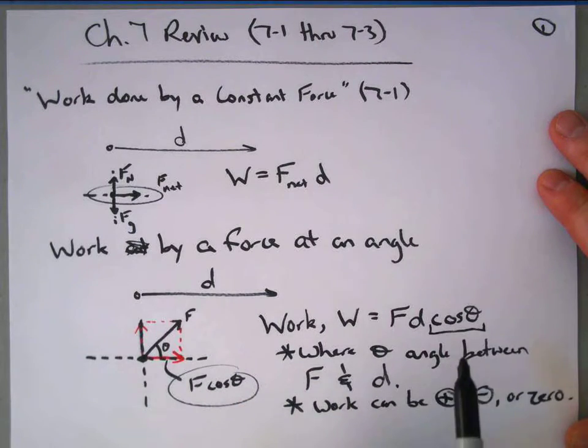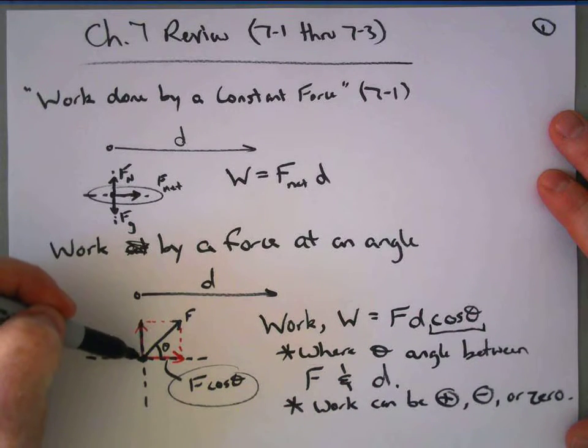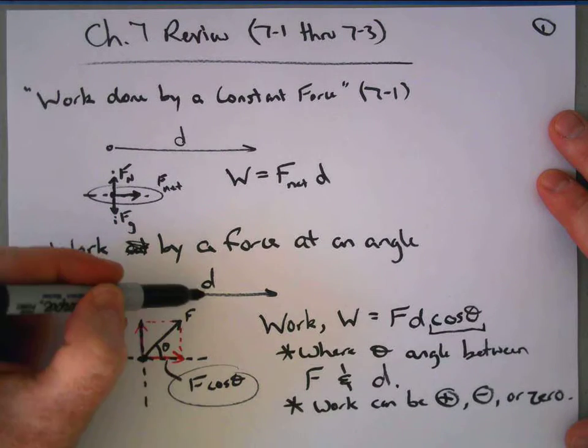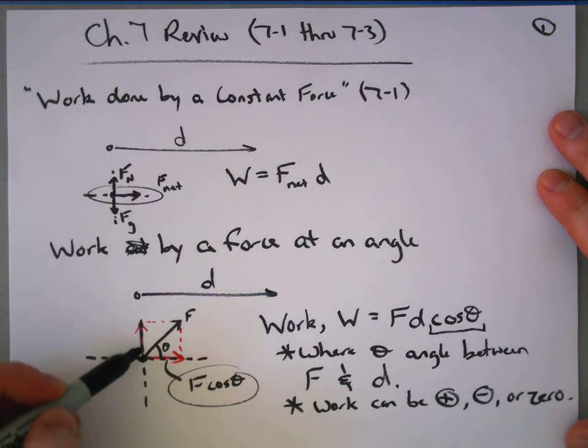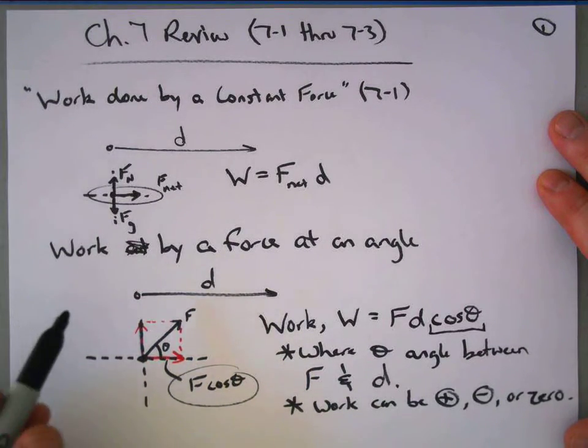So keep that in mind. We might have positive or negative work or zero work. For example, this vertical component of this force in the positive y direction is perpendicular to that distance traveled. That means its angle to the distance is 90 degrees. Cosine of 90 would be 0. So we can get 0 work.